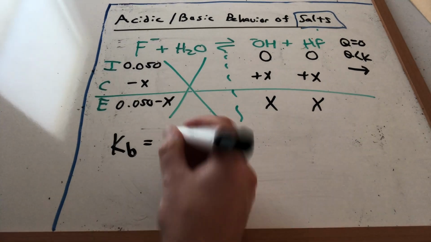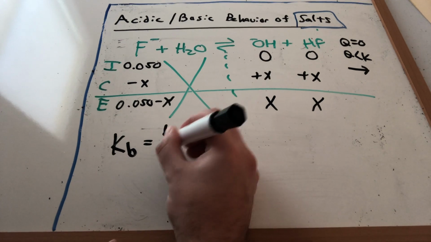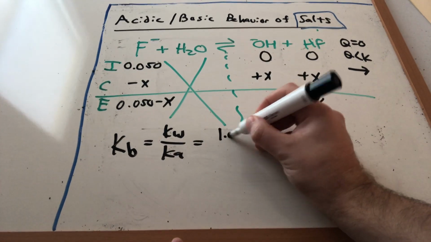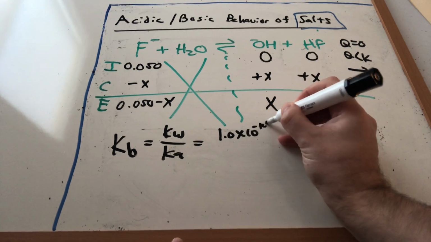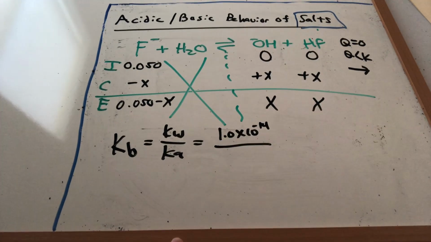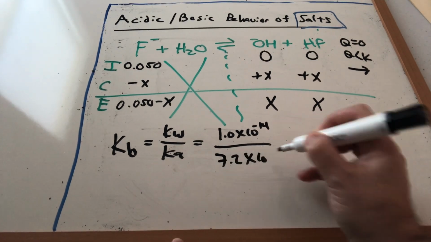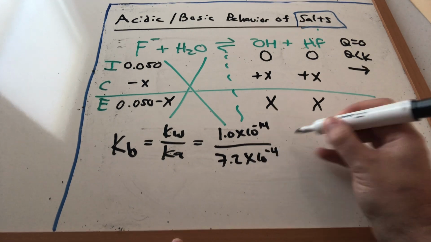Kb is going to be equal to Kw divided by Ka. Kw we've memorized as 1.0 times 10 to the minus 14. Ka we've been given is 7.2 times 10 to the minus 4.